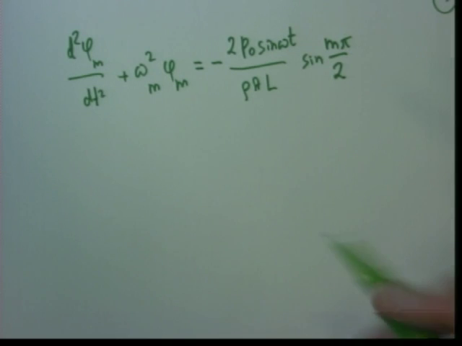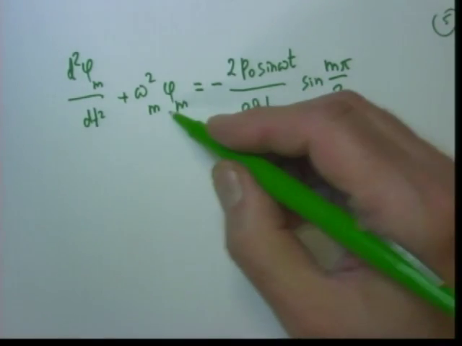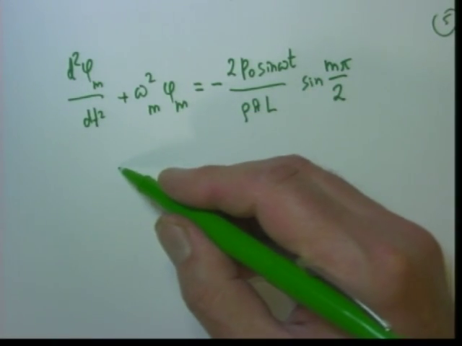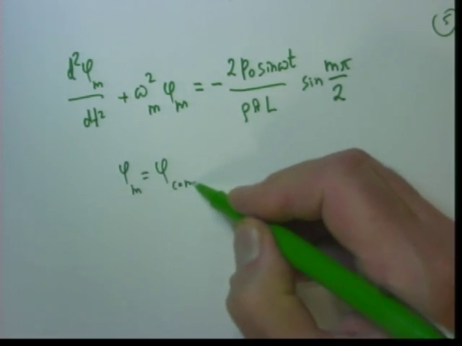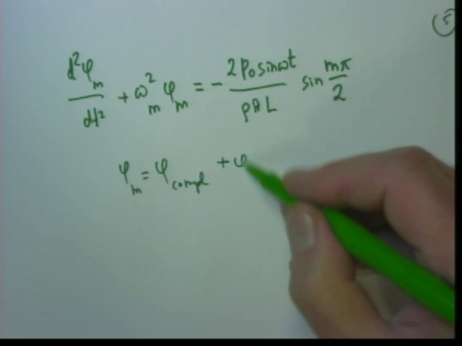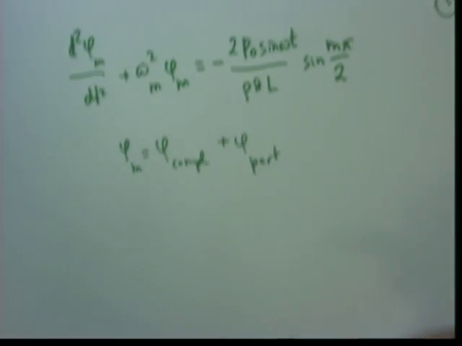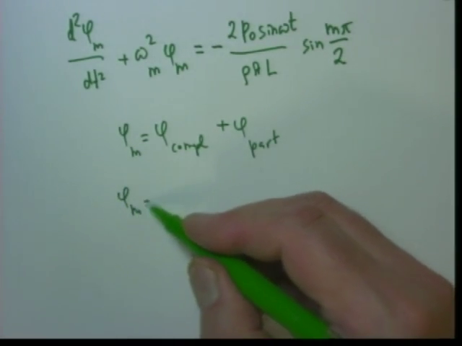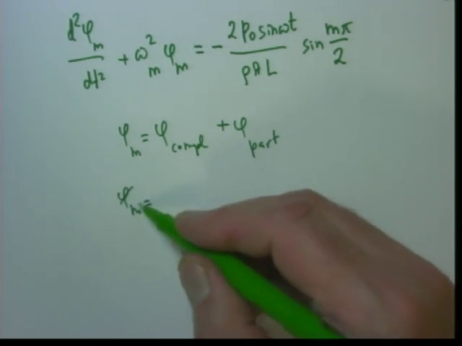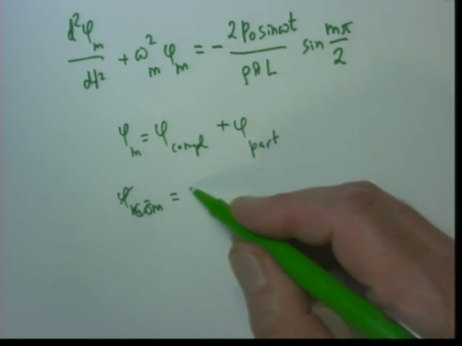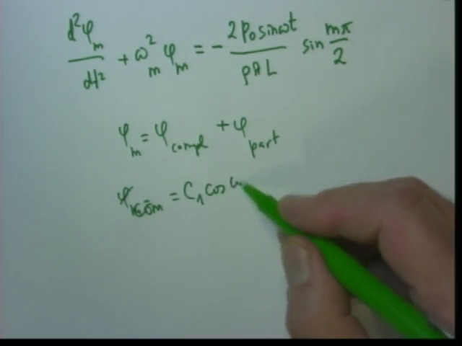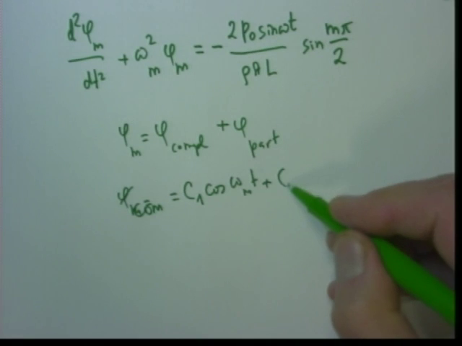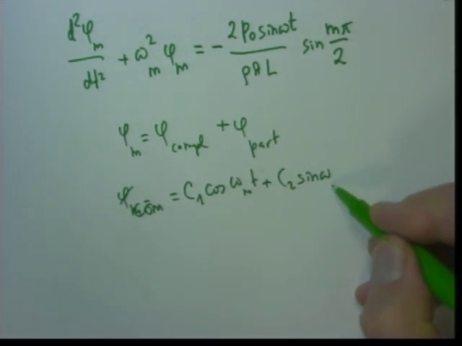Okay. So we can find naturally for this equation, we find phi_m is phi complementary solution plus phi particular solution. So phi_m complementary equals C1 cosine omega_m t plus C2 sine omega_m t.